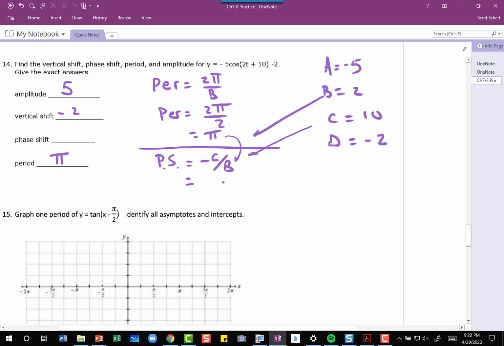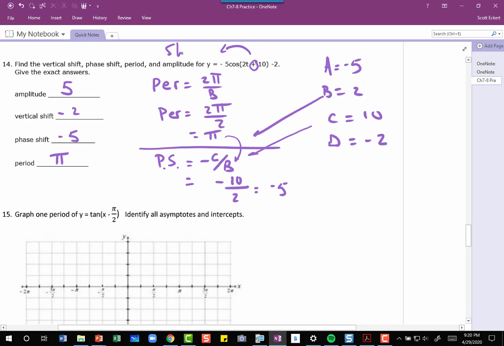So negative of C is -10 over B, which is 2, which equals -5. So there's a phase shift, and it's 5 units to the left, -5. Now intuitively, you might have recognized that if we're adding on inside, addition means it's shifting.